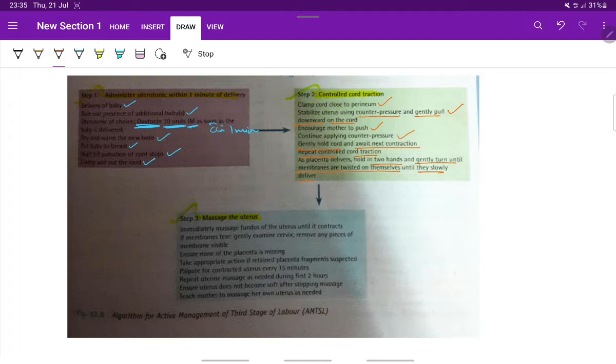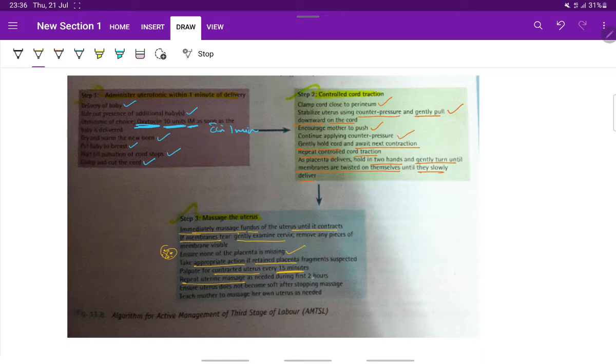Whereas the third step is the massage of the uterus. So we should immediately massage the fundus of the uterus until it contracts. If the membranes tear, we should gently examine the cervix, remove any pieces of membrane which are visible, and the important thing is we should ensure that none of the placenta is missing or none of the part is remaining inside, and we should take appropriate action if retained placenta fragments are suspected, and we should palpate for the contracted uterus every 15 minutes.